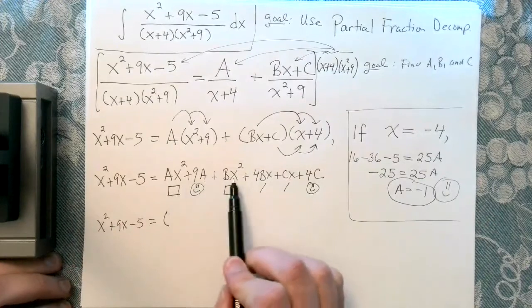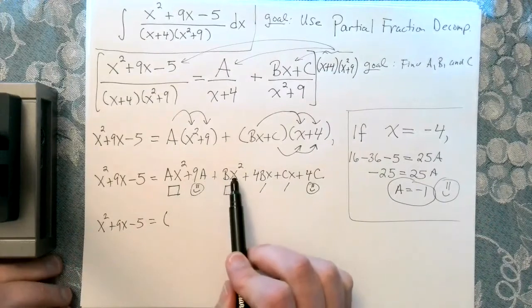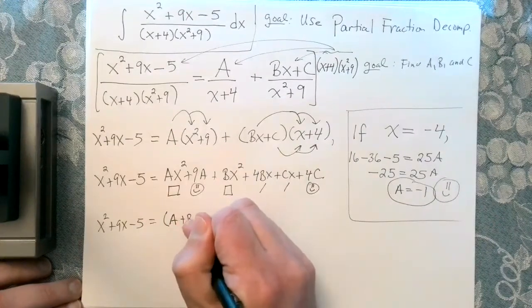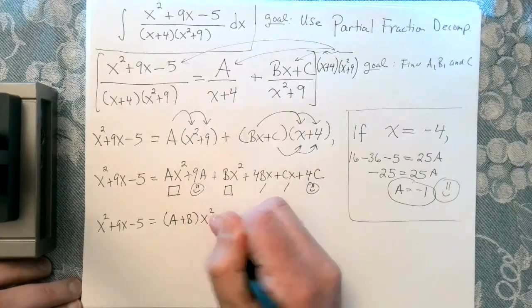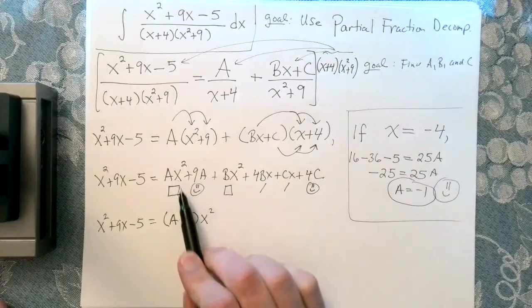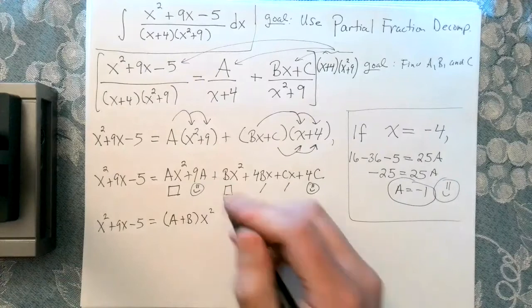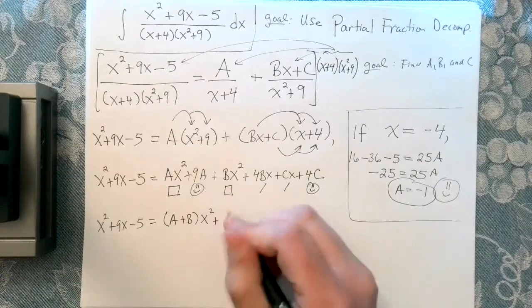Okay, so the square terms will go together, and I can factor out an x squared to the right. You see how we did that? We collected these, and we right factored x squared. So now let's collect the linear terms and right factor the x.